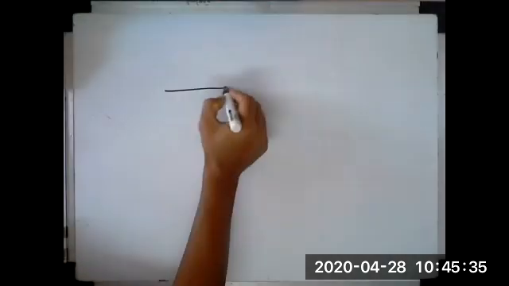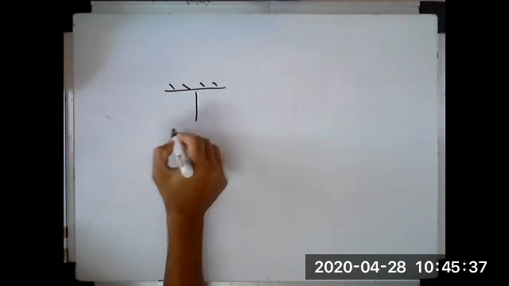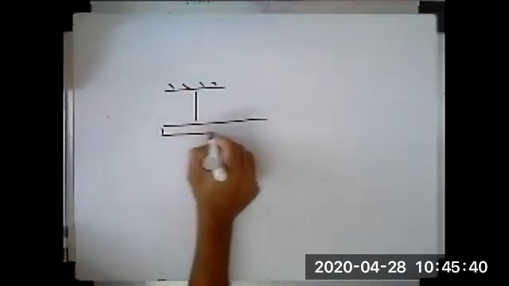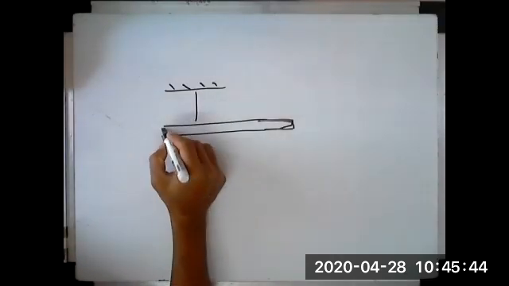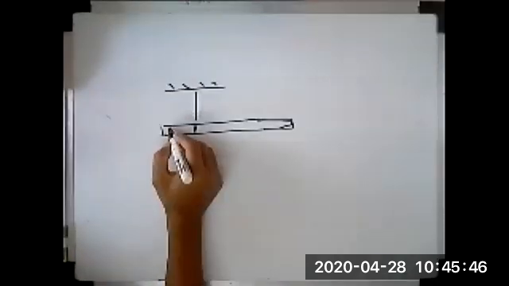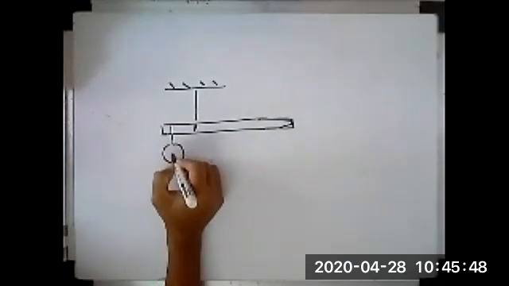So the situation that we are looking at over here: you have a meter scale asymmetrically balanced, right?